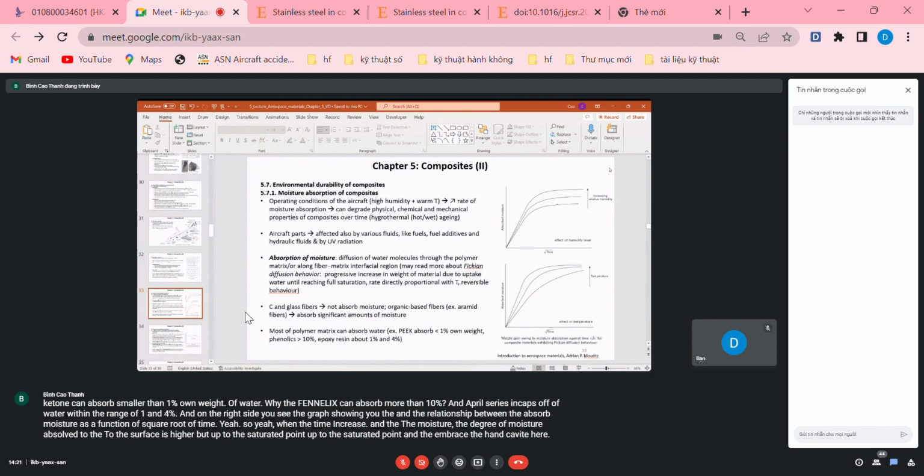And of course, when we increase the relative humidity, the degree of moisture absorption increases. A similar effect can be observed with increasing temperatures. By increasing the temperatures, the degree of moisture absorption will be increased, directly proportional. So it is easy to understand from this point of view.